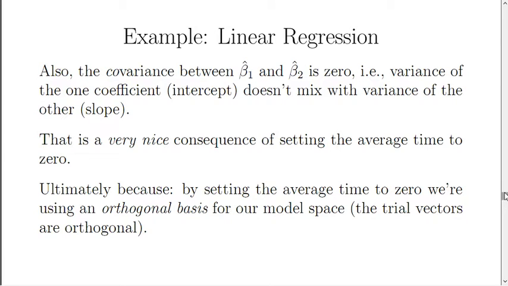And that's a very nice consequence of setting the average time to 0. It's ultimately because by setting the average time to 0, we're using an orthogonal basis for our model space. In other words, the trial vectors that we use to span it are orthogonal because when we ensure that the average time is 0, we know that the inner product of the unit vector and the time vector is equal to 0.